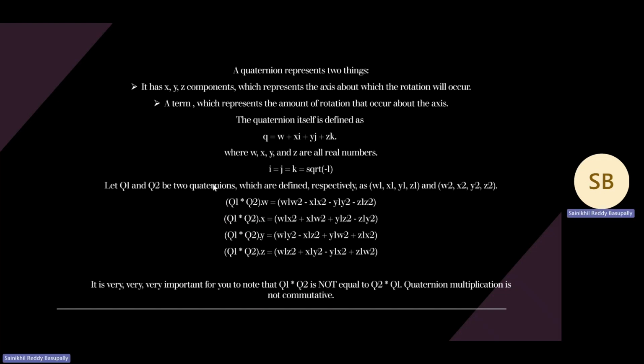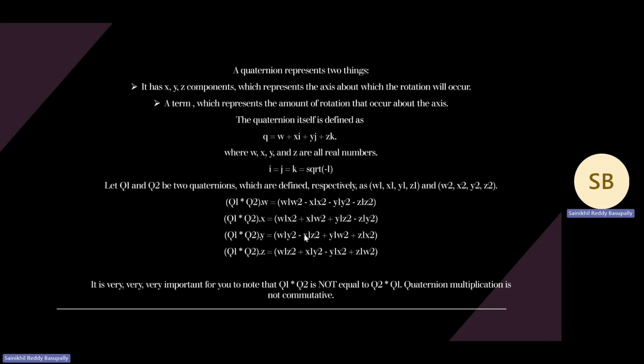Let's consider these two quaternions Q1 and Q2, which are defined as W1, X1, Y1, Z1, and W2, X2, Y2, Z2. So the W component of Q1 cross Q2 will be W1W2 minus X1X2 minus Y1Y2 minus Z1Z2.